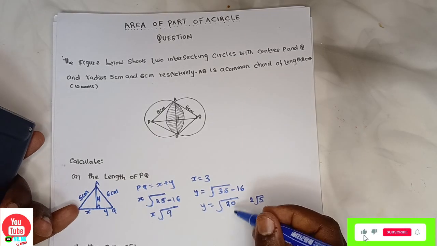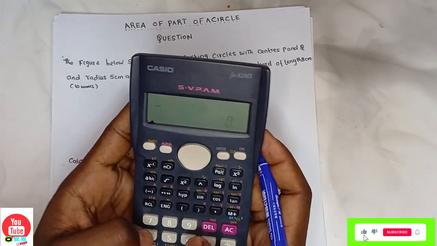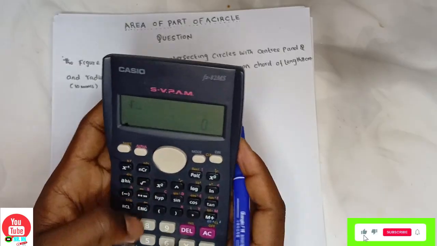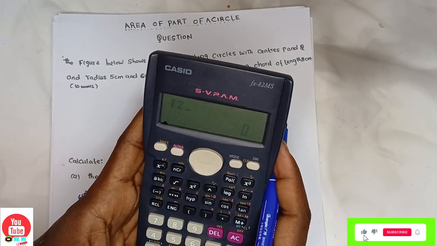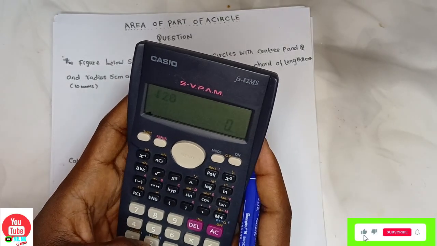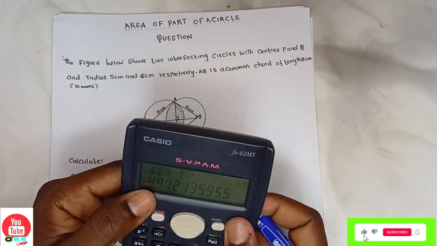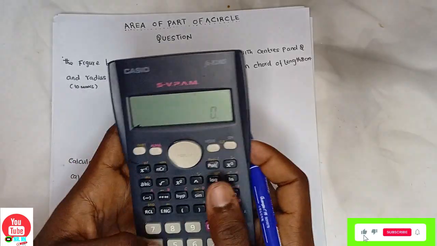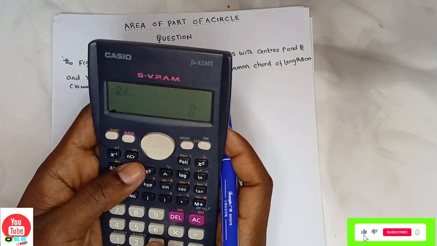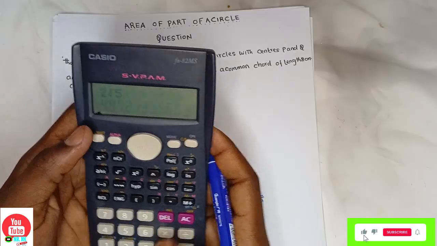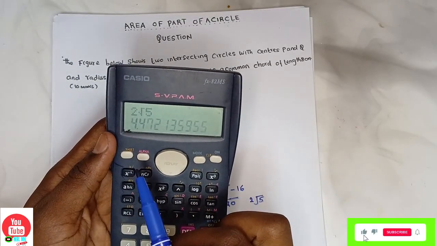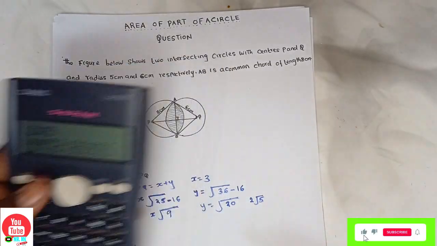You can also get the square root of 20 by using a calculator to give you the same answer. The square root of 20 is 4.472. This 2 root 5 is also similar, 4.472.